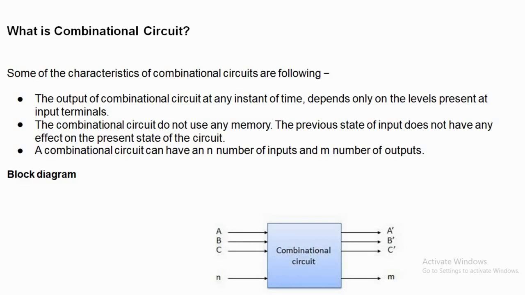The previous state of input does not have any effect on the present state of the circuit. And last, a combinational circuit can have n number of inputs and m number of outputs. This is the block diagram of a combinational logic circuit. There are n inputs and m outputs.